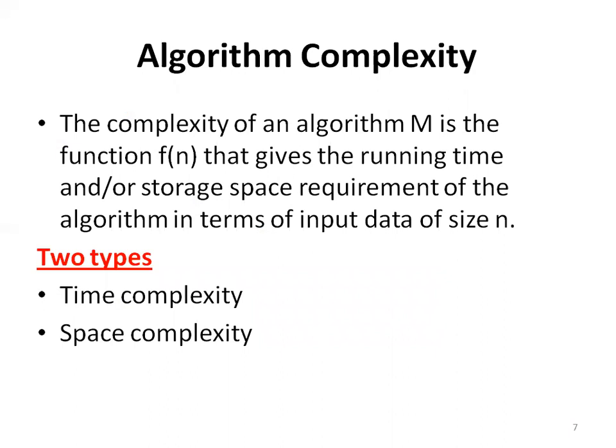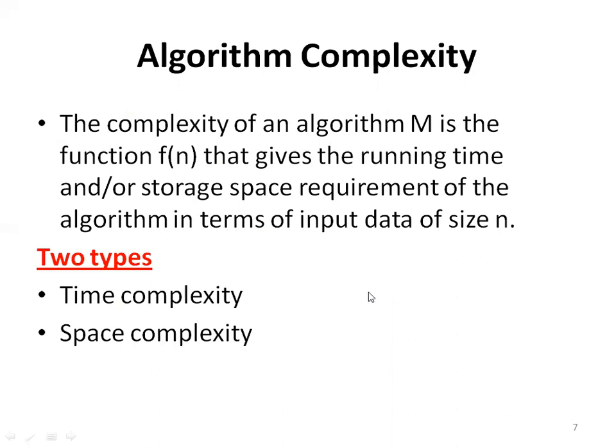So the algorithm complexity means the time complexity and space complexity. We can represent the time complexity and space complexity by using this function f(n), where n is the input data size. Now, what is time complexity and what is space complexity?